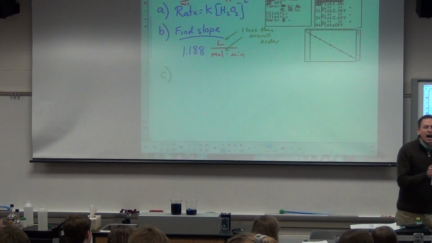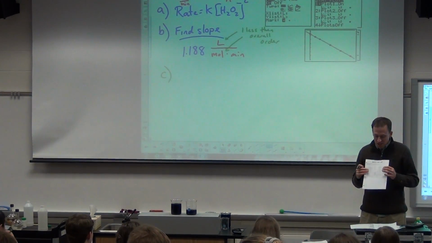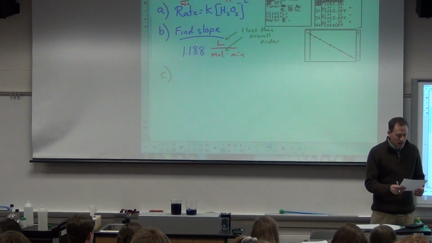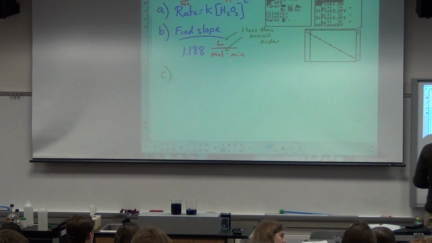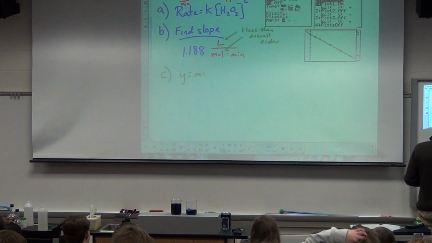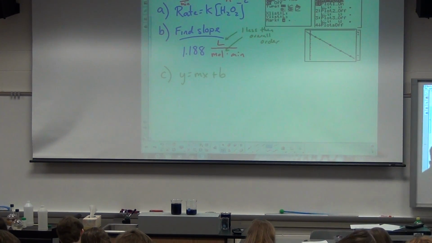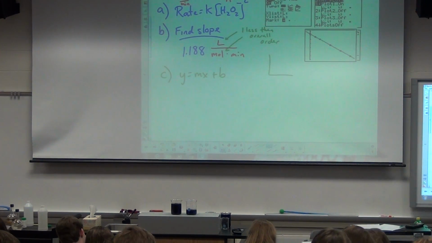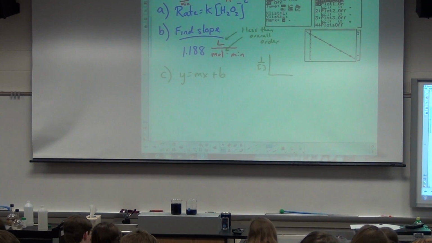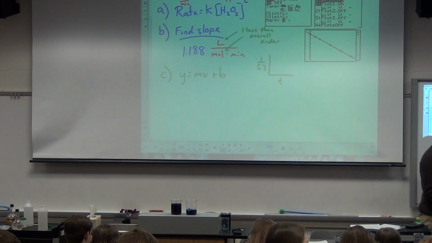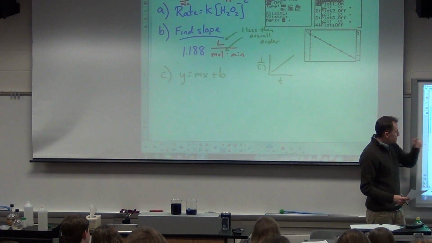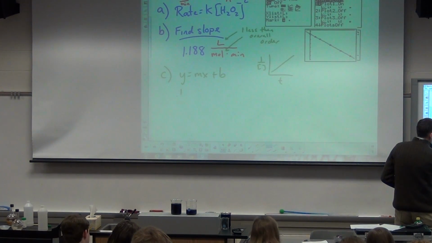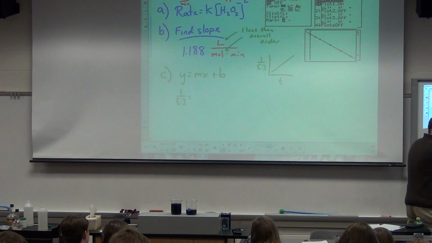So, on top, I have some relationships to show you, but I want to show you it in a different way. This is called an integrated rate law. So you can stay with me here. Y equals mx plus b. On the side, if that was my graph, what's my y? 1 over concentration, correct?